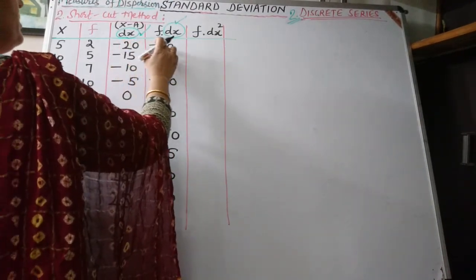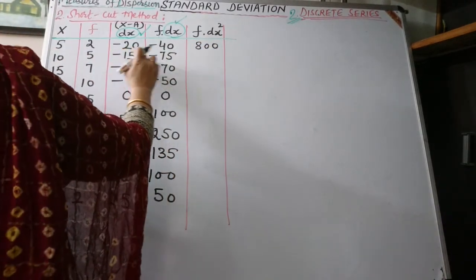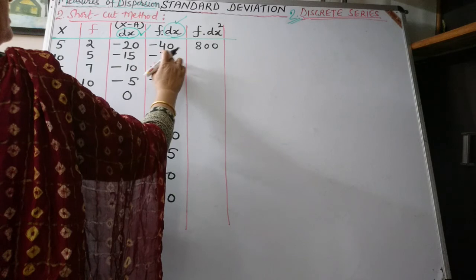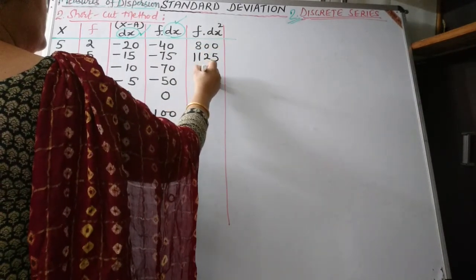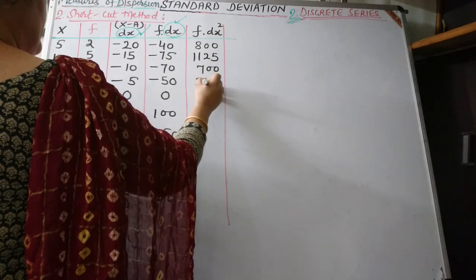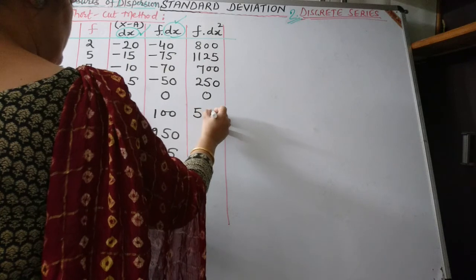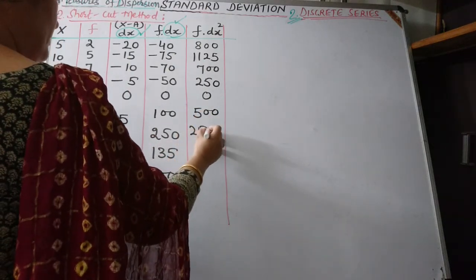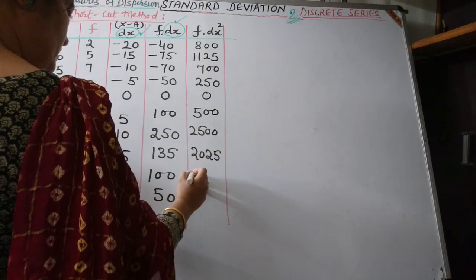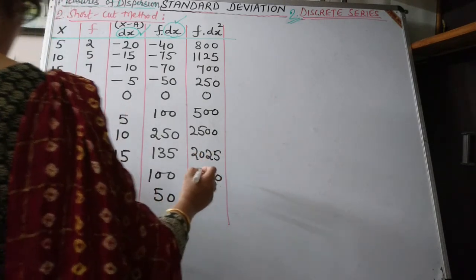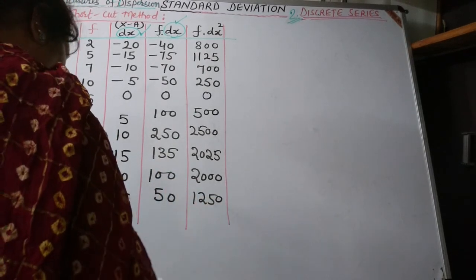Minus 20 multiplied by minus 40, it will be 800. Minus 15 multiplied by minus 75, it will be 1125, then 700, 250, then 0, 500, then 2500, next one is 2025, next 2000 and last one is 1250.